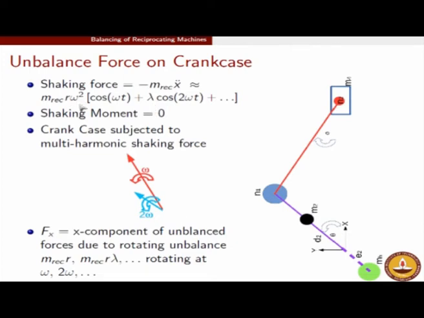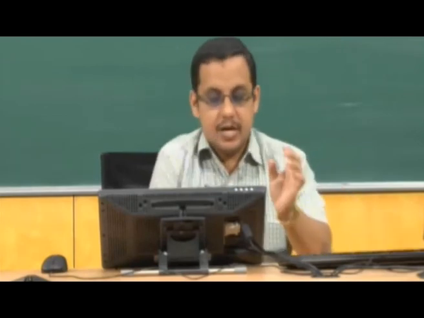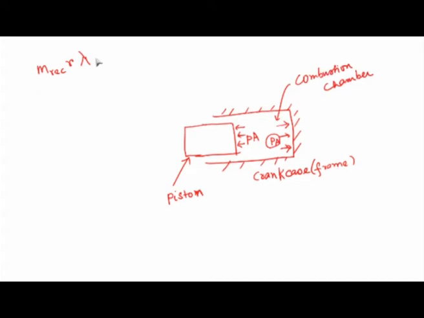I'll write this for you once because I have made a mistake. The actual unbalance is m rec r times lambda times omega square cos of 2 omega t.